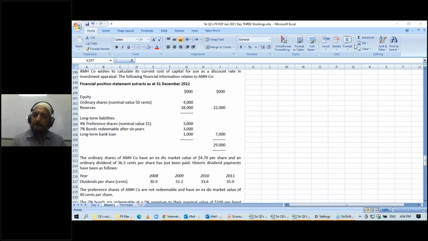Now why is it so? One of the reasons the cost of equity is higher is that equity is riskier to invest in for the investors. If the investors invest into equity, they are taking a bigger risk. Ultimately, a bigger risk should attract a bigger return.